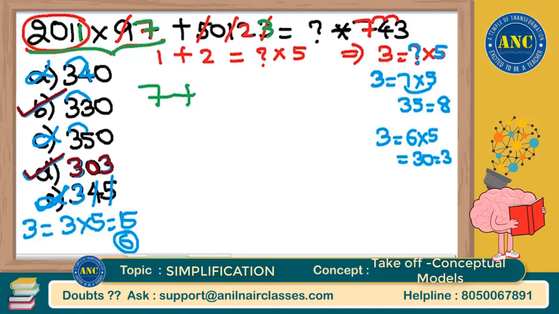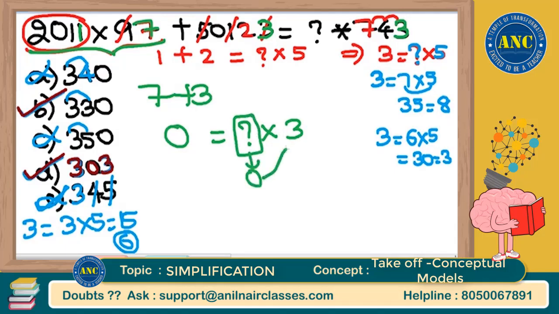Here the unit digit is 3. 7 plus 3 is 0, right? Unit digit is 0. Here, right hand side is question mark into 743, where the unit digit is 3. That means the question mark's unit digit should be how much? 0, because 0 into 3 only will give me unit digit 0. That means 303 is incorrect. Ruled out. Only option is 330.